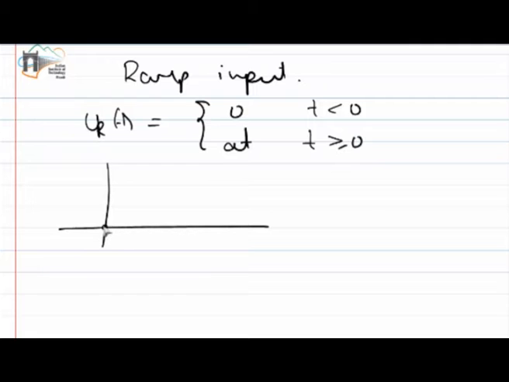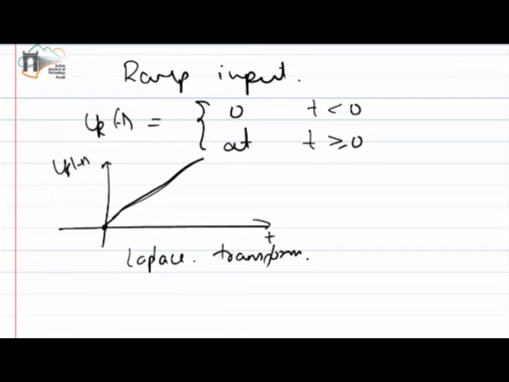This simply means that until this point we have 0, and afterward it increases linearly with time t with a slope of a. Now if I take the Laplace transform of the above signal, it will give me this.